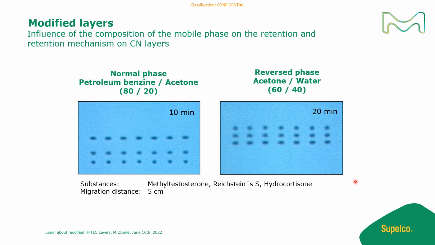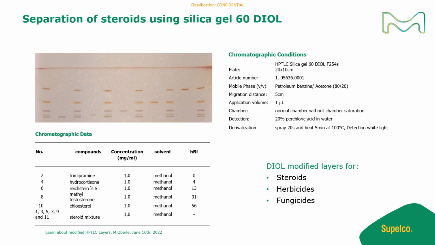You can see that with different systems, you can speed up your separation, or you can increase the separation quality. This example shows the separation of a steroid mixture under both conditions.